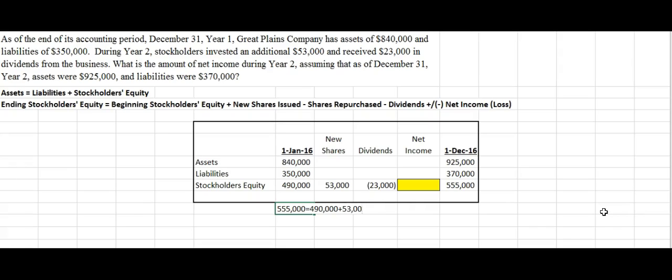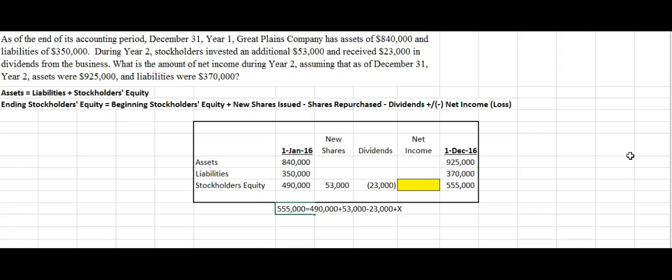That's the new shares issued. Shares repurchased is not part of the question, so minus dividends, minus 23,000, plus or minus net income. We'll put an X because we don't know what net income is. Plus or minus X.